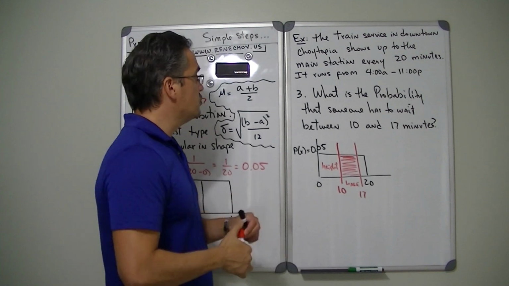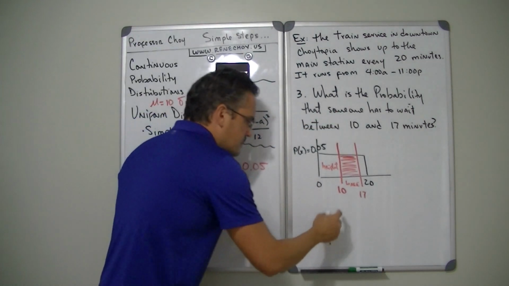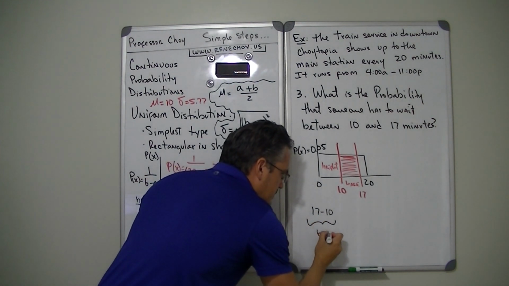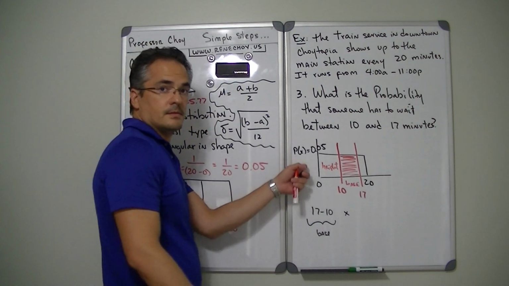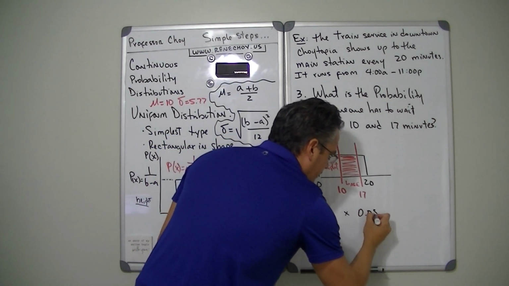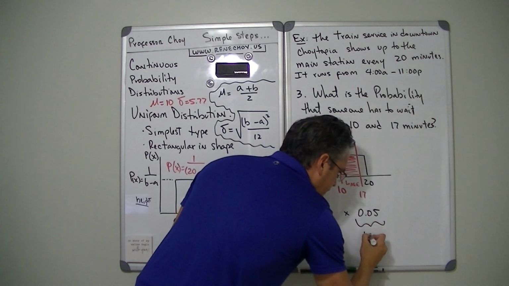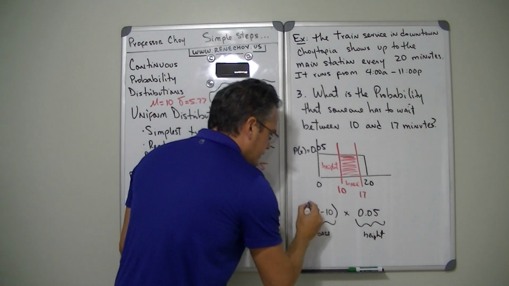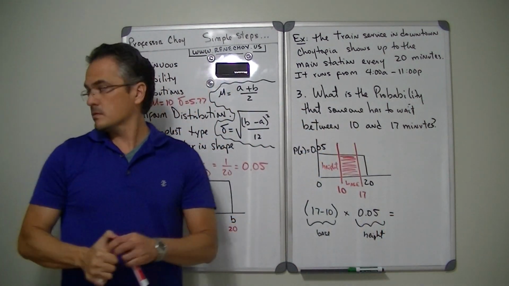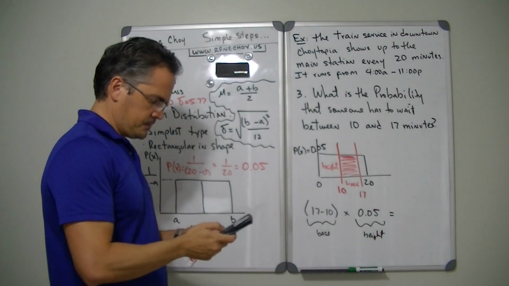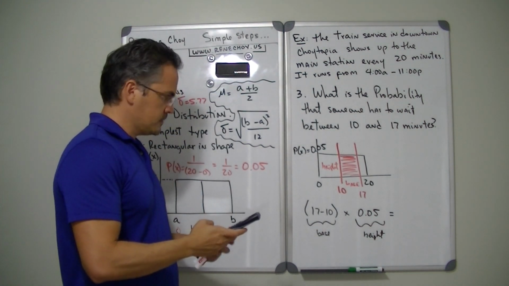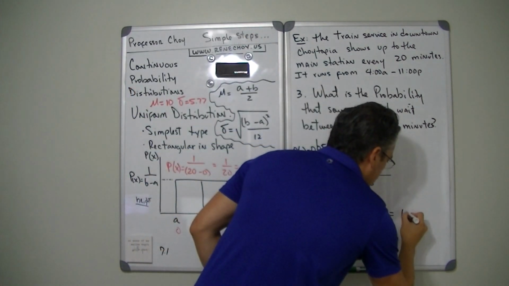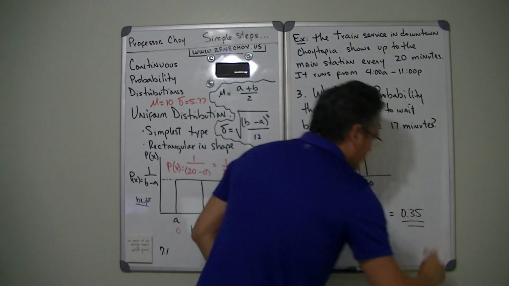So the answer to this question is 17 minus 10, that's our base, times our height, which is 0.05, or the probability of each individual minute. Okay? So this is equal to 0.35. That's the answer.